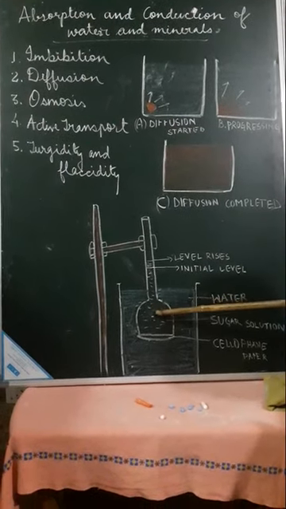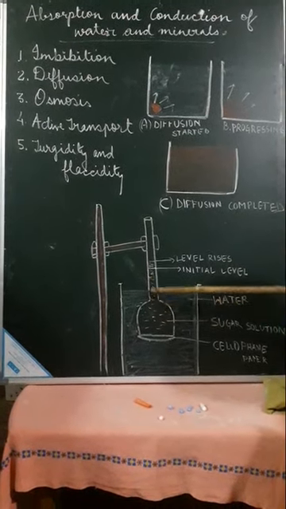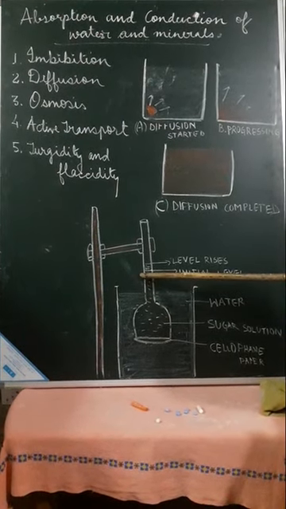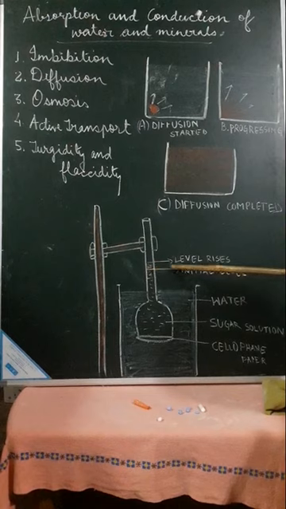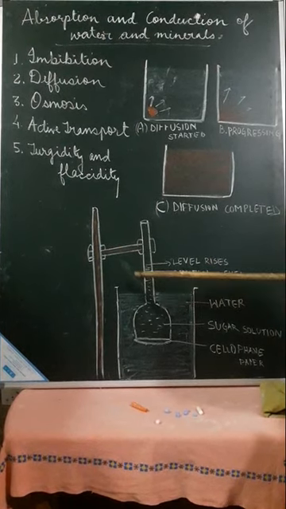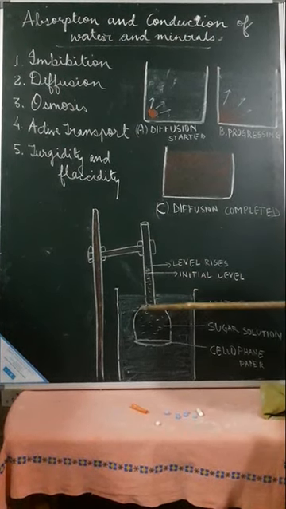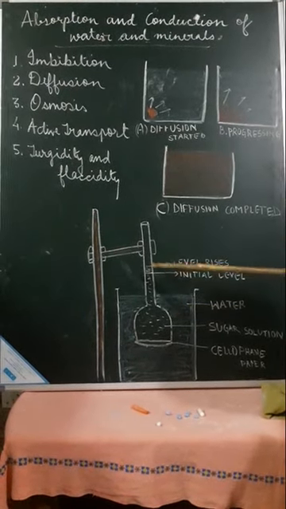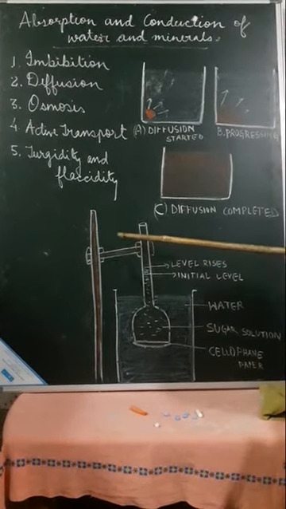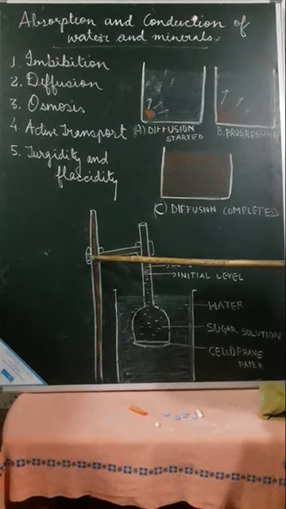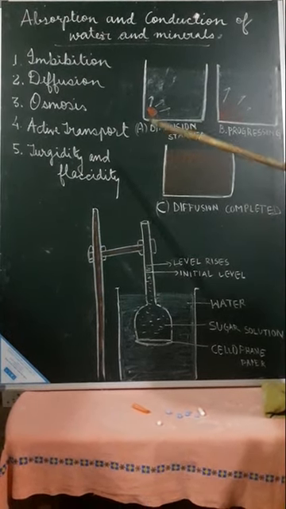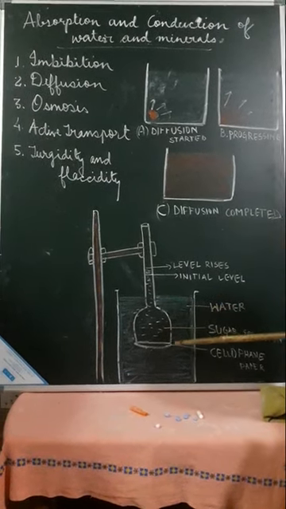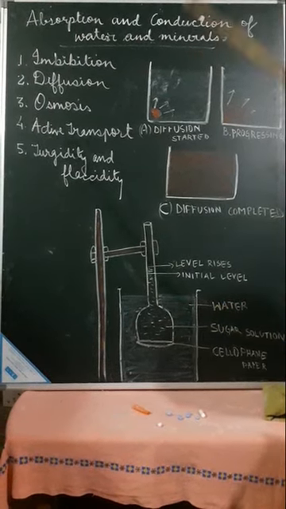In the thistle funnel, sugar solution is kept, and here the initial level of sugar is marked. Then it is inverted in the beaker containing water, and this setup is suspended with the help of the holder, arranged in this form and kept for a few hours.